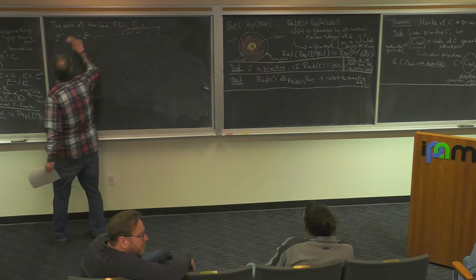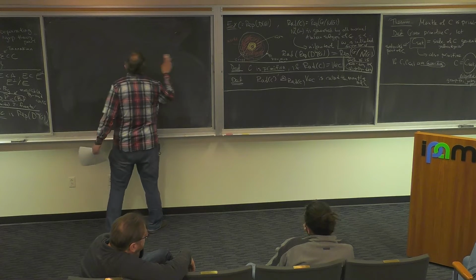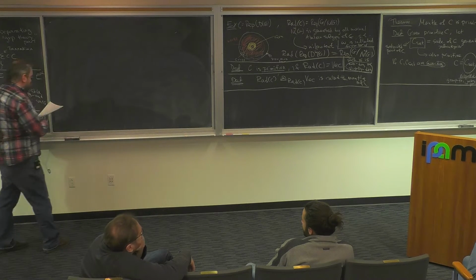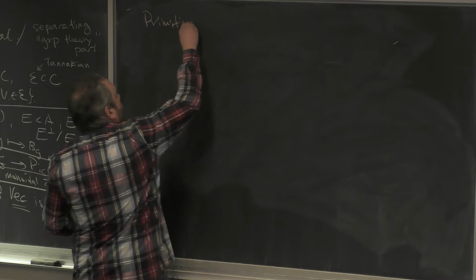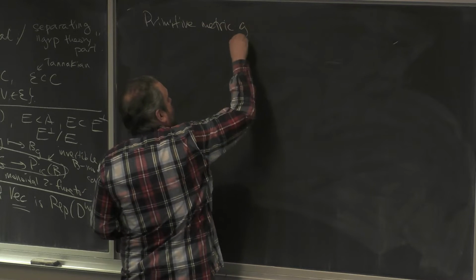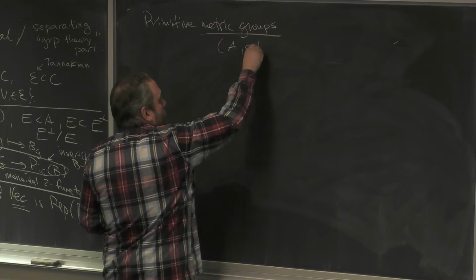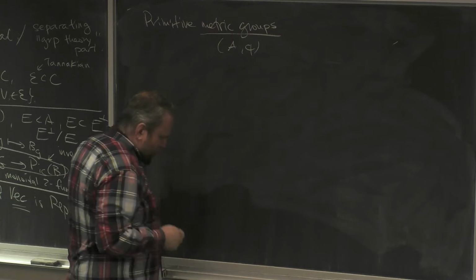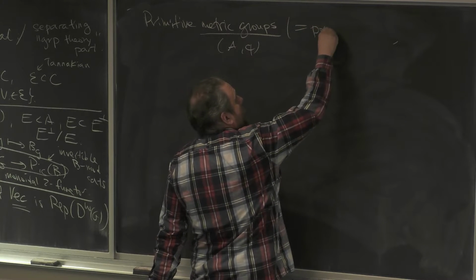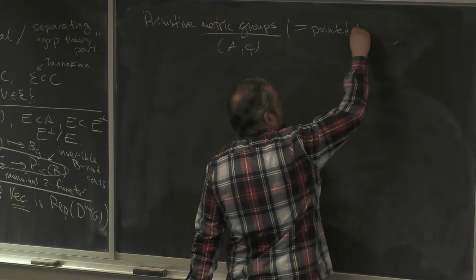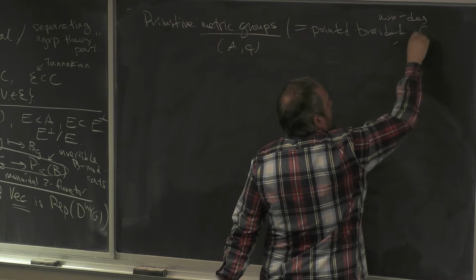It's a reasonable question, once we have this notion of a primitive category, to try to understand it in the simplest case, so primitive metric groups. Here a metric group is an abelian group A with a non-degenerate quadratic form Q. By an old theorem of Joyal-Street, these are the same as pointed non-degenerate braided fusion categories.